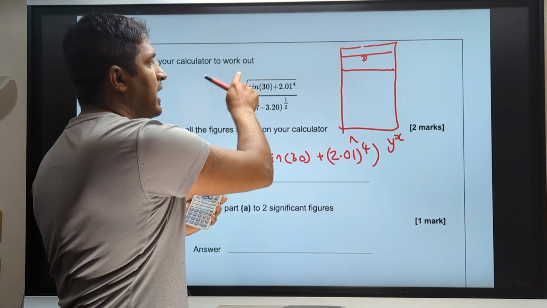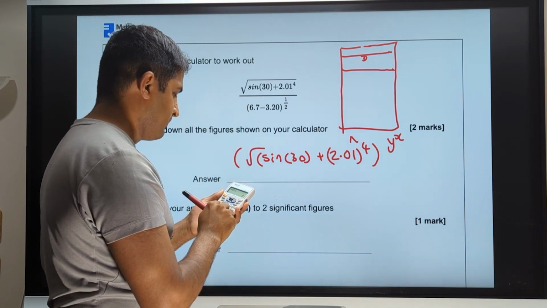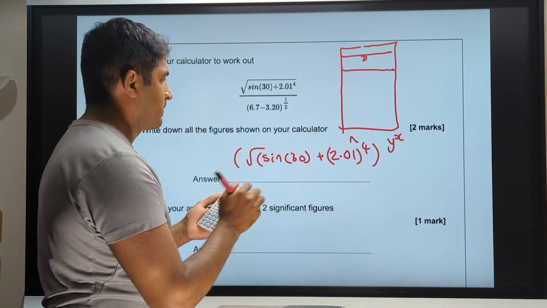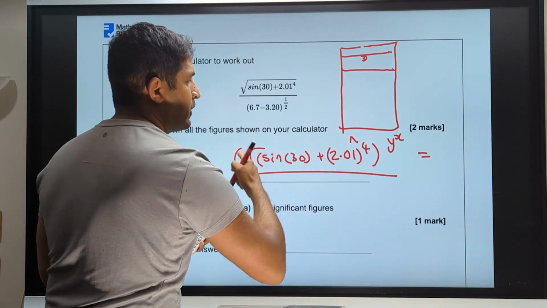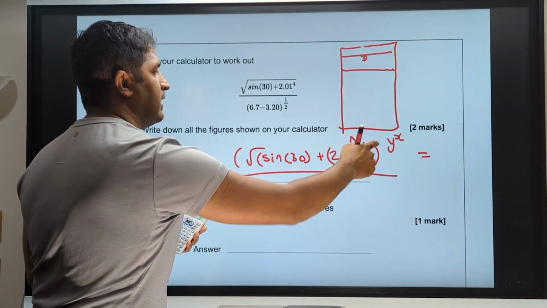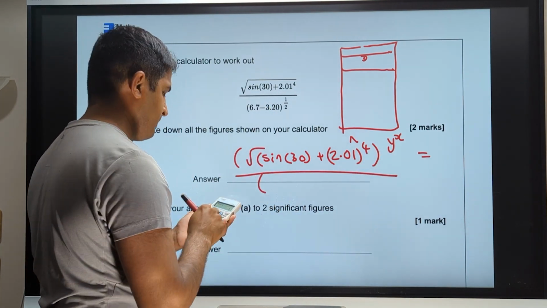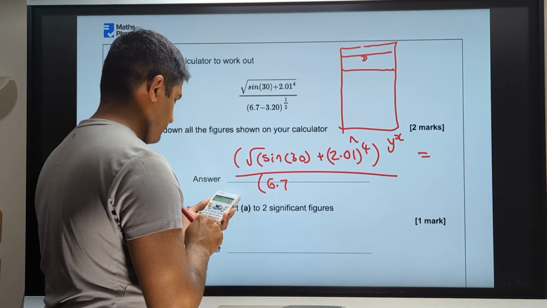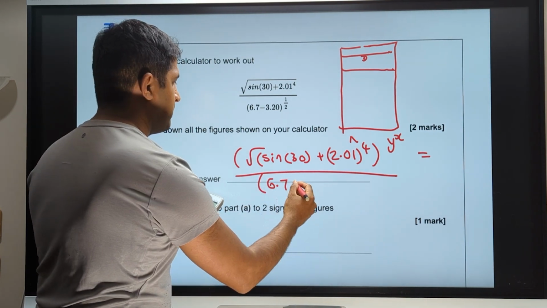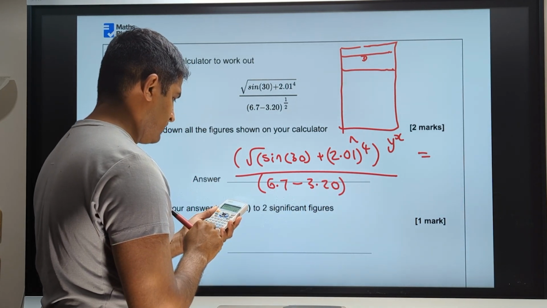Whatever that answer is now, I'm dividing it by this. Again, I'm going to open the bracket. I pressed equal here, so I got this as an answer, and then I press divide, open the bracket, 6.7 minus 3.20 and close the bracket.